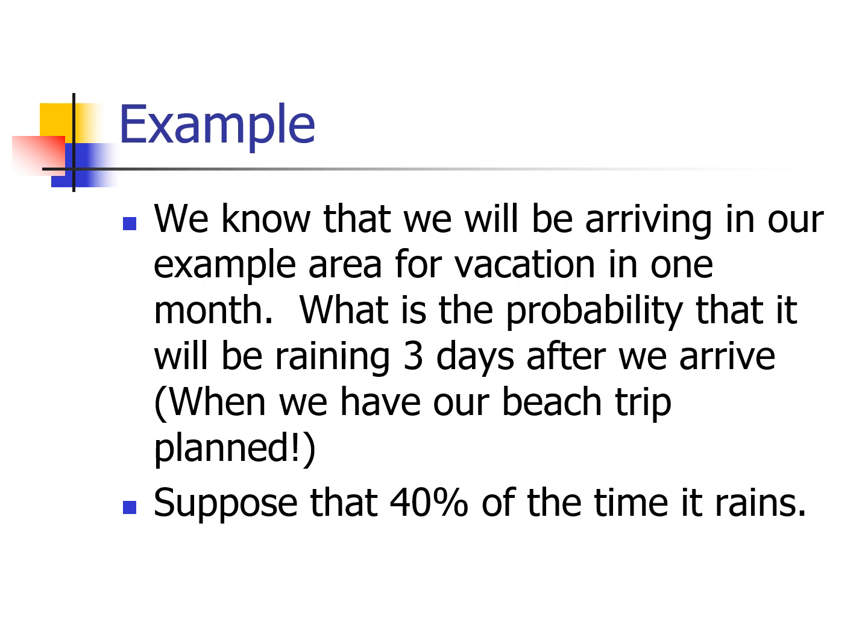Let's say that we will be arriving in our example area, our little beach area for vacation, in 1 month. What is the probability that it will be raining 3 days after we arrive? That's what I mean by unconditional.